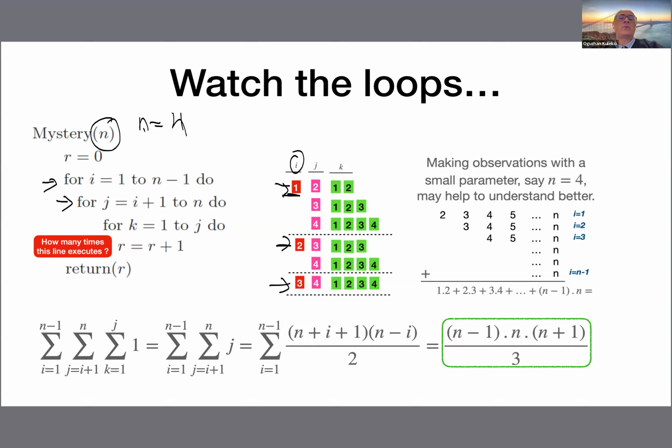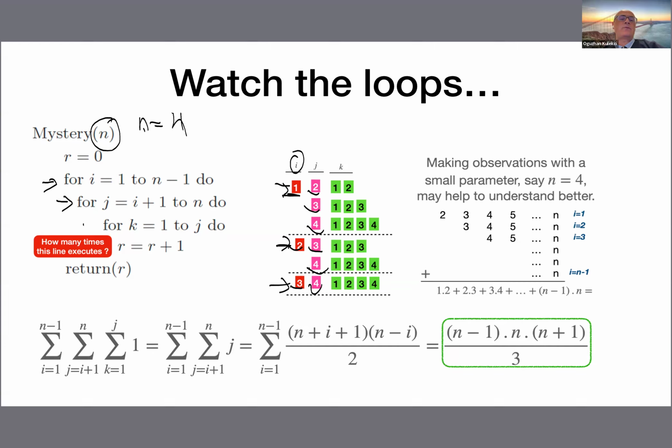If i is equal to 1, then j will take values 2, 3, and 4, right? If i is equal to 2, j will take values 3 and 4. And when i is equal to 3, the only value that j can take is 4. Good. You see, my list is expanding.